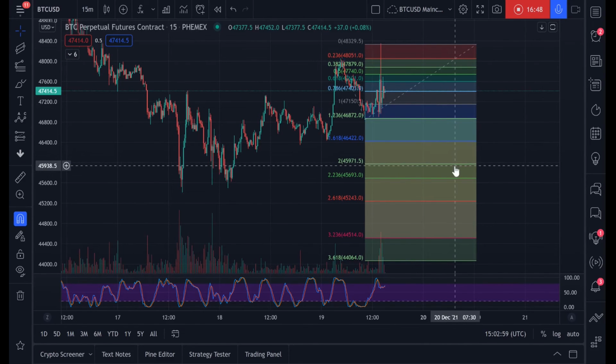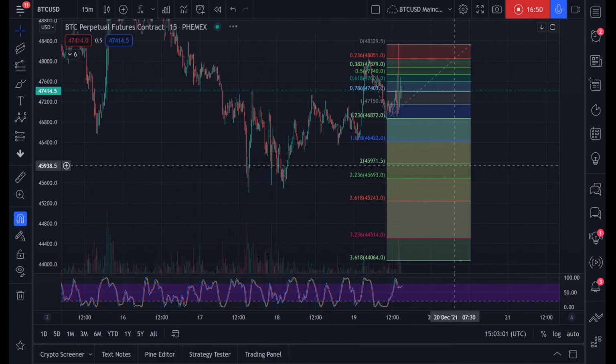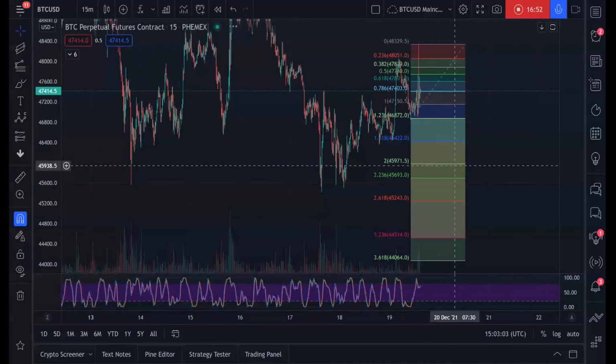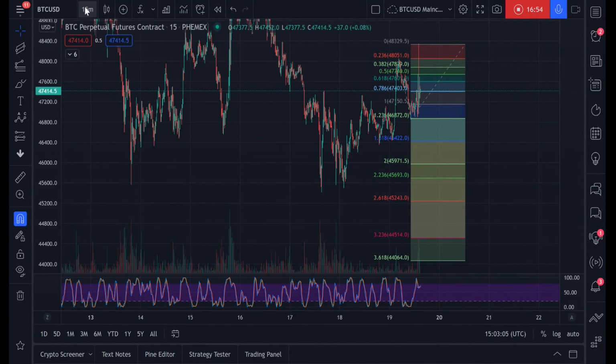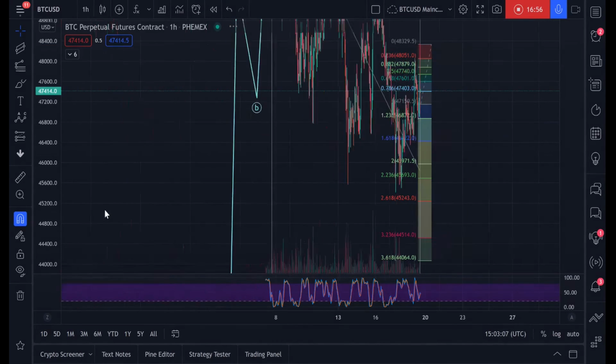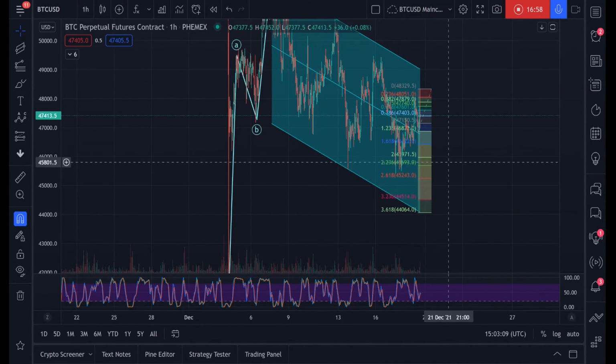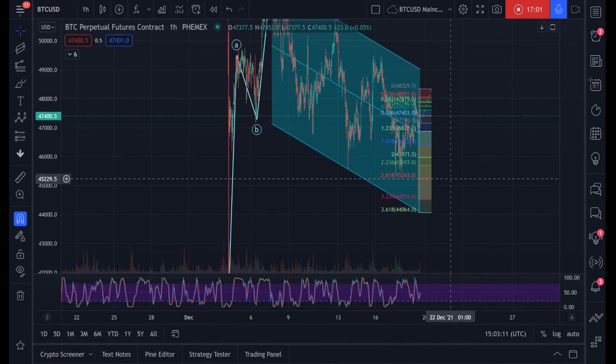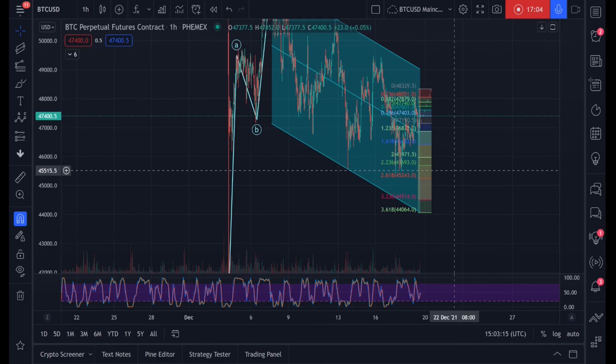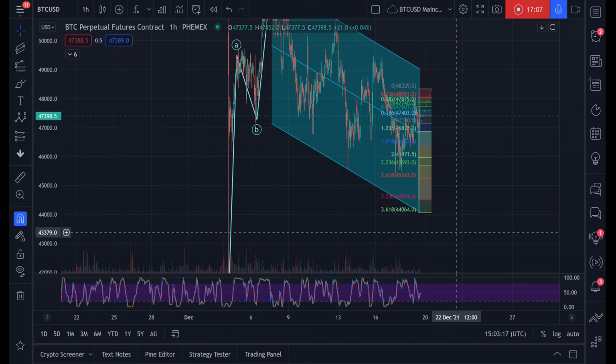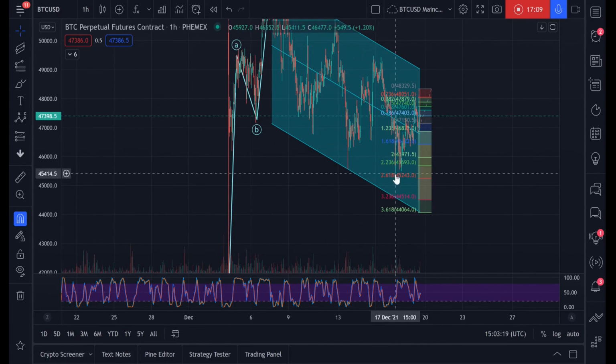Between 45.9 and 45.7. And so back to the hourly, we may very well test this 618 again, and even breach it, because we've been kind of bouncing off of it.